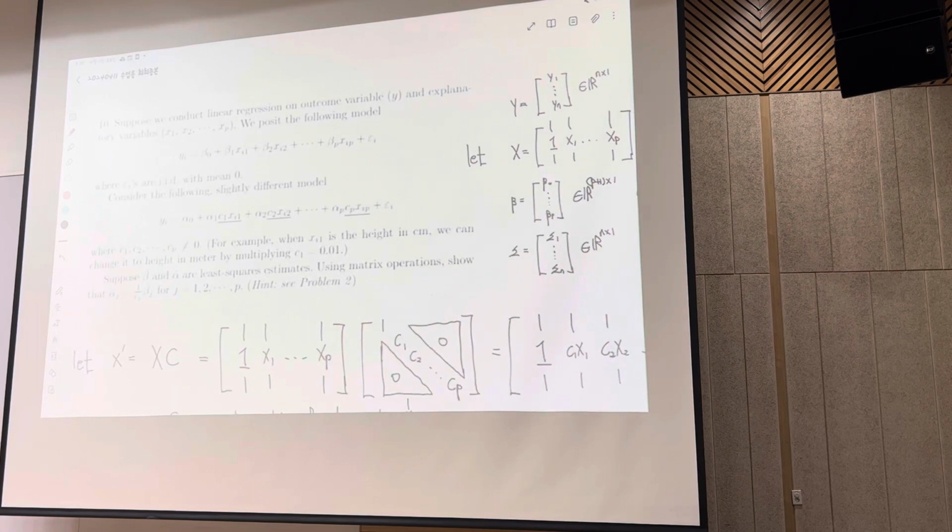Just suppose a slightly different model: xi1 becomes c1 xi1, xi2 becomes c2 xi2. It means scaling: multiply c1 to xi1, multiply c2 to xi2, and xip becomes cp xip, multiply cp.